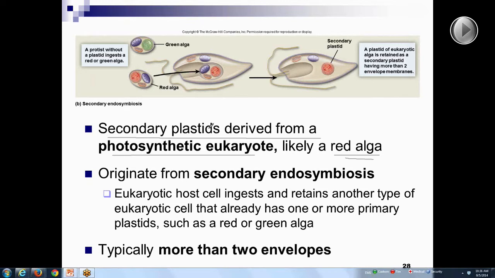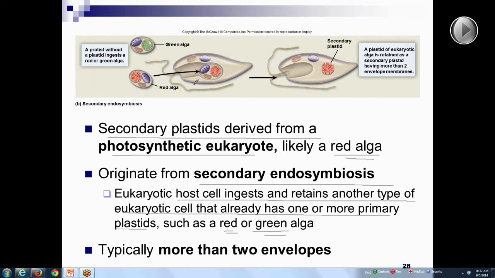You can see secondary plastids form through the process of secondary endosymbiosis. And I already explained secondary endosymbiosis in the previous slide, where a host cell ingests or retains another type of eukaryotic cell that already has one or more primary plastids, again, something like a red or green algae. So either a red or green algae is engulfed by a host cell.